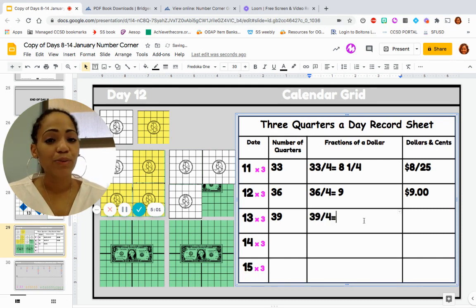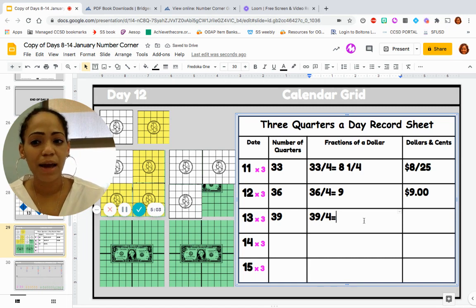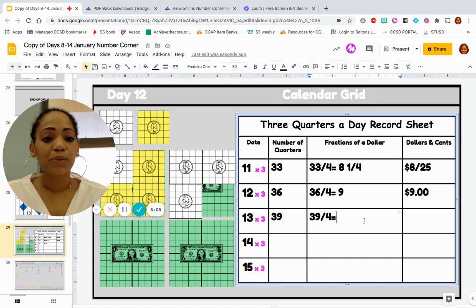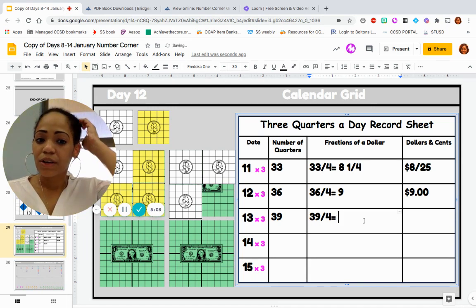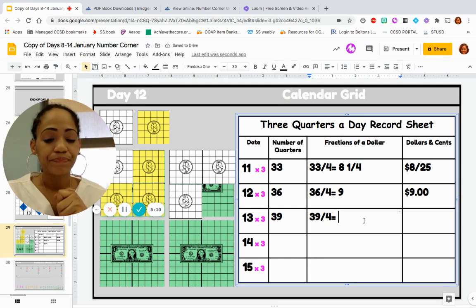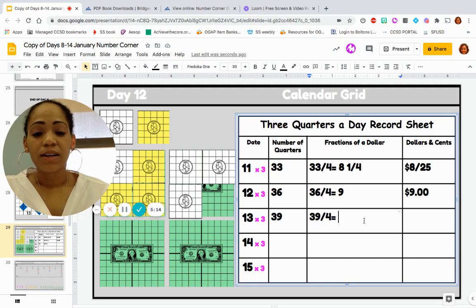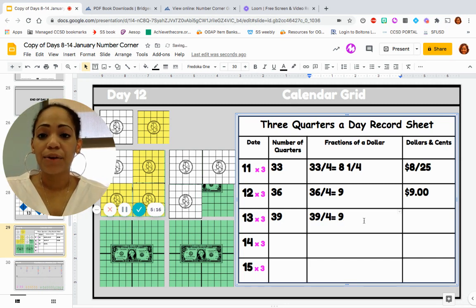Each one of those quarters represents 1/4, and I have 39 of them. Well, let's write that as a mixed number. 39 divided by 4. We know 4 times 9 is 36, or we should know, right? And then we have 3 left over.